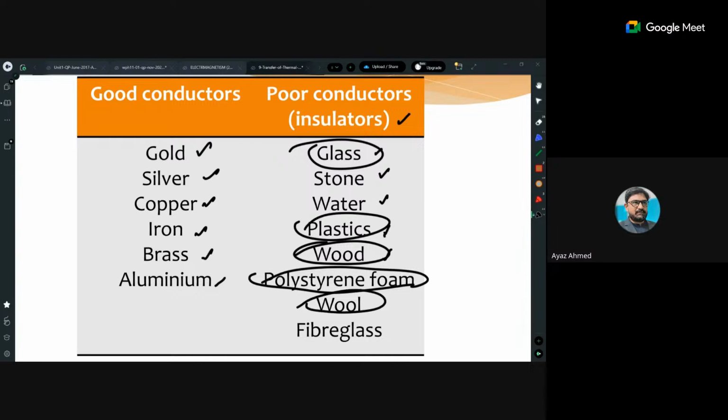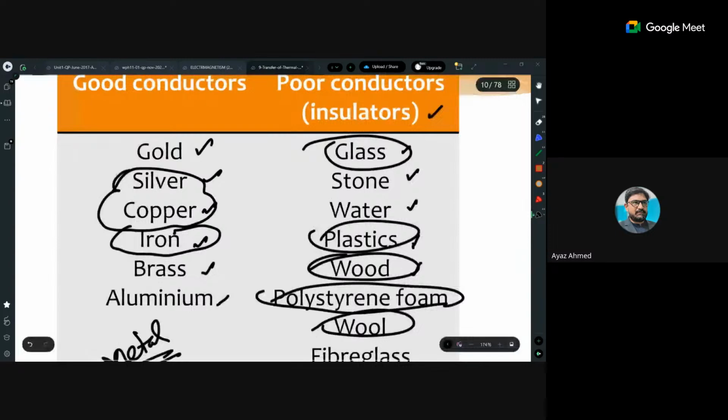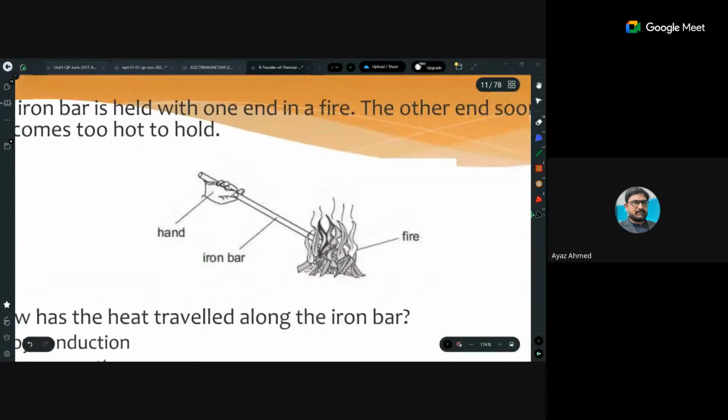Water is a poor conductor, not an exact insulator. Aluminium, copper and iron are mostly used; brass is also used. So these are metals. If a metal is given to you, the metal would be the best conductor as compared to the other materials. That's it, that's about conductors.